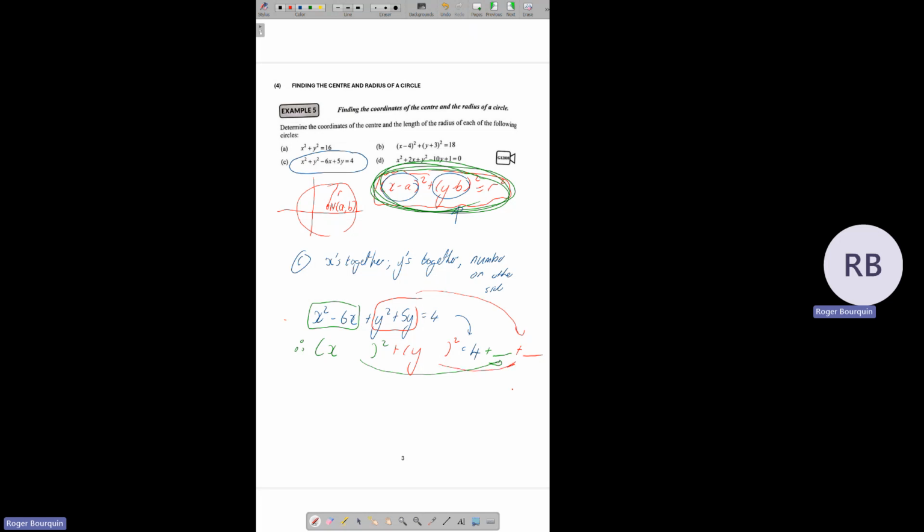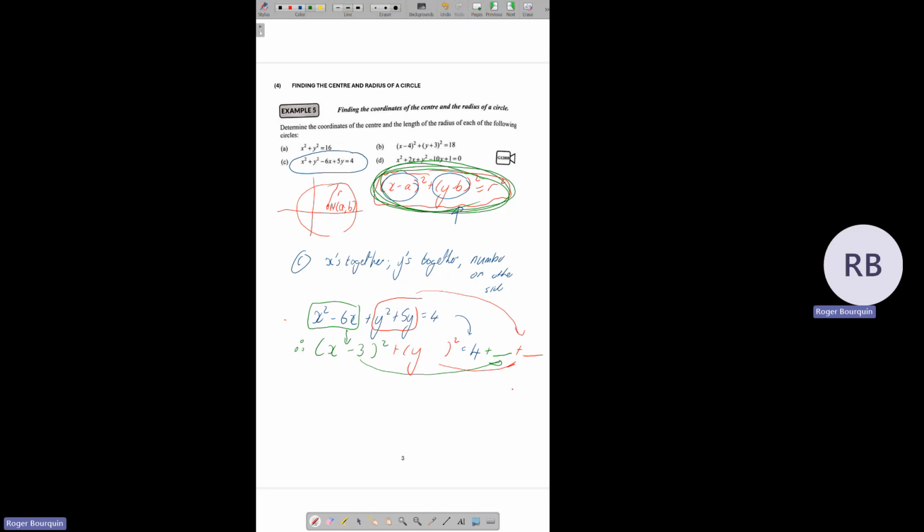So what goes in the bracket? Well, in order to get back to x squared minus 6x, what you're always going to do is take this number and divide it by 2. Negative 6 divided by 2 is negative 3. So you're going to have (x minus 3) squared.